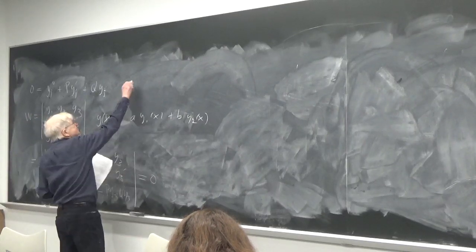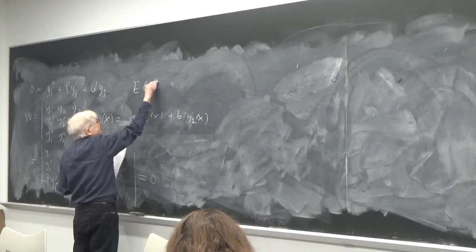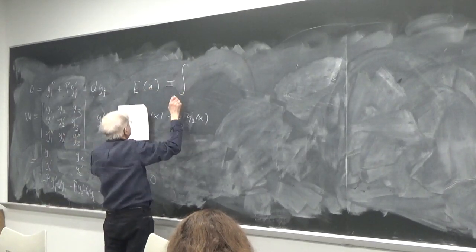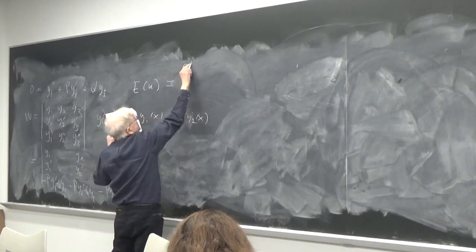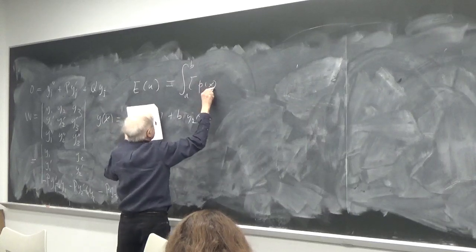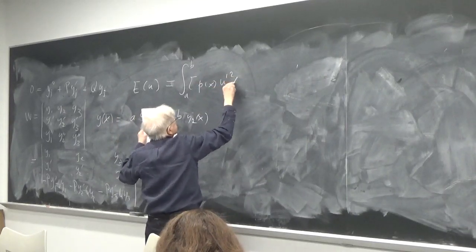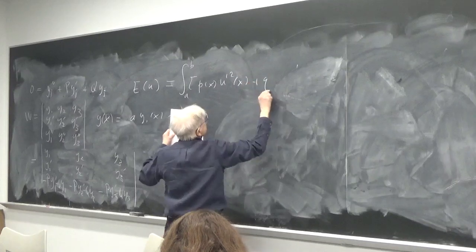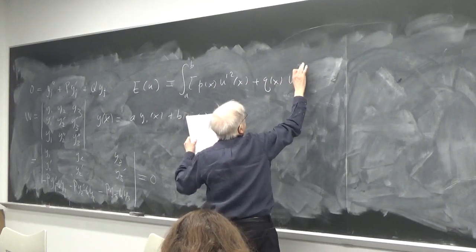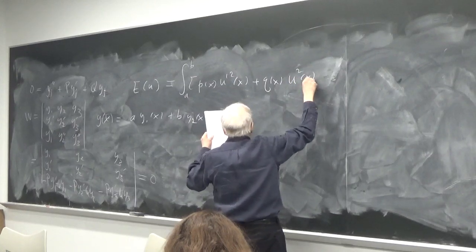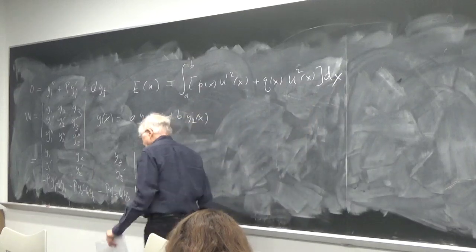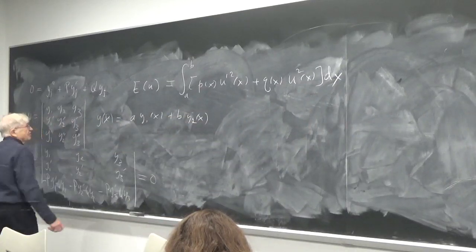So let's define something that we can think of as kind of like an energy functional. An integral from A to B of p of x u prime squared of x plus q of x u squared of x dx. So this is a functional.